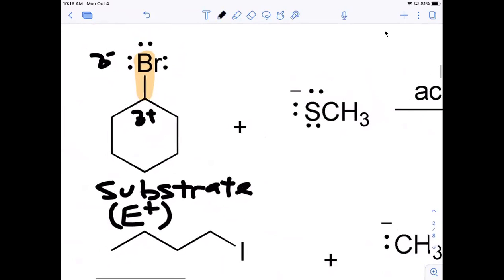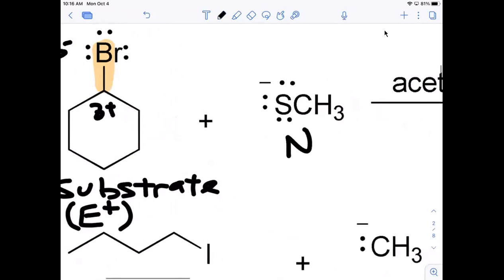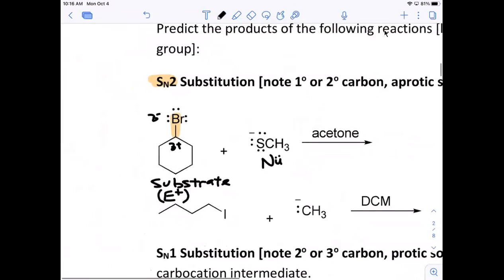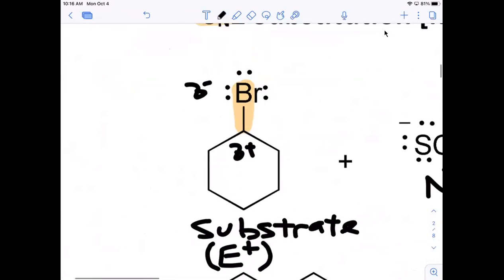So this is my substrate. This is my nucleophile. You can see sulfur has 3 lone pairs and a negative charge, so it's ready to react. So now let's look at the substrate first. The substrate is secondary.